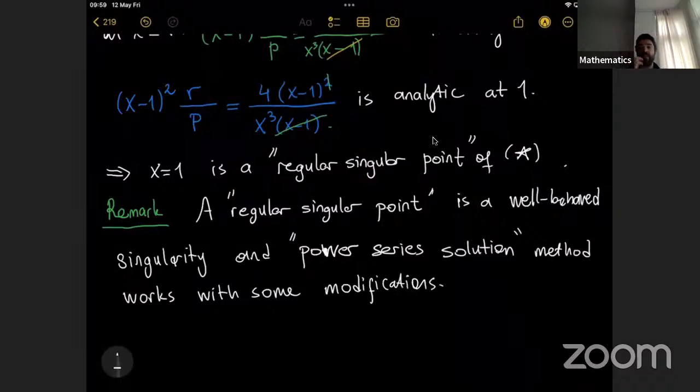Well, still you can find a power series solution like in the case of ordinary point for regular singular points. But we need to modify the solution. It needs a little bit more work, okay?